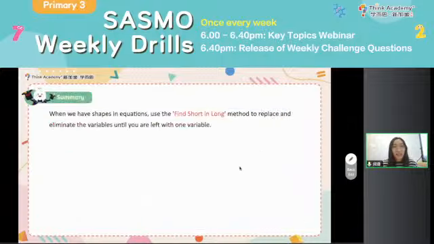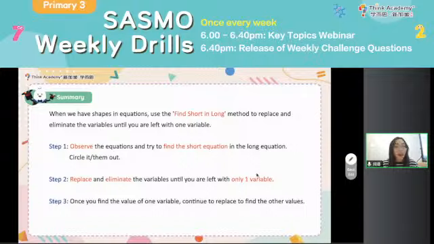Okay, so following this, let's have a quick summary of this type. When we have shapes in equations, use the find short in long method to replace and eliminate the variables until you are left with one variable. So basically, there are 3 steps. For the first one, you need to observe the equations and try to find which one is the shorter one.